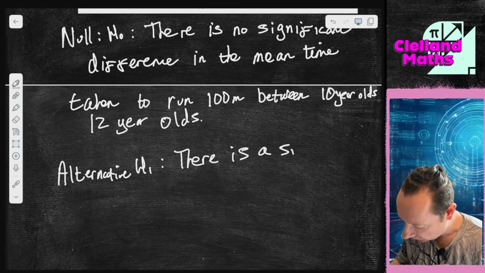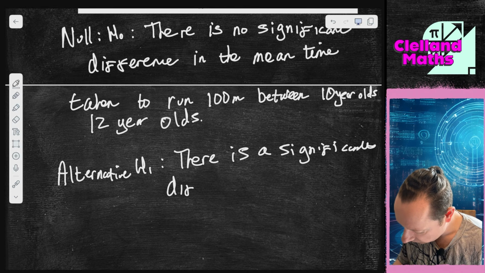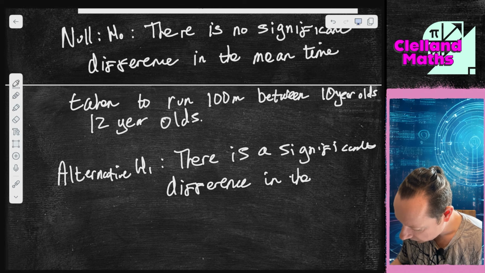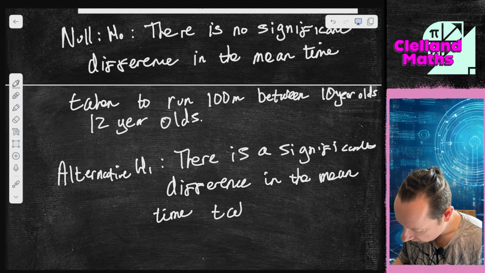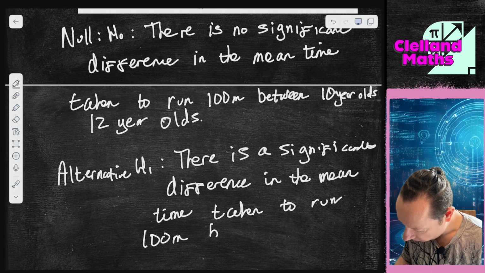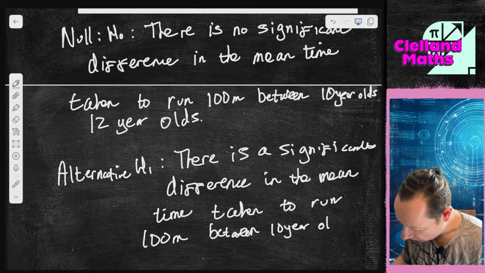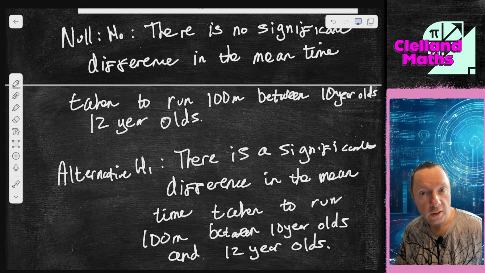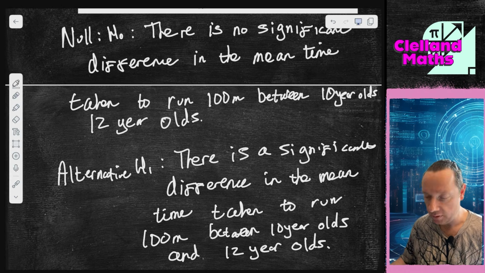There is a significant difference in the mean time taken to run 100 metres between 10-year-olds and 12-year-olds. So just the standard statement. No difference, a difference. It's about the mean for this one.